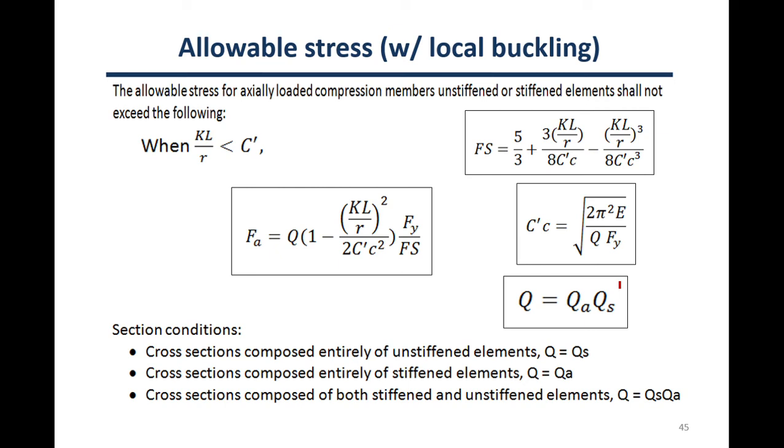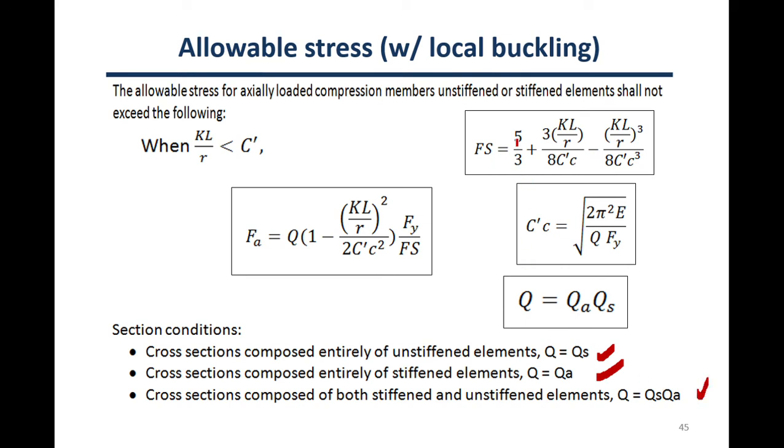So, we have here, solving for the KL over Cc. So, we have the cross-section composed entirely of unstiffened elements, Q is equal to QS. And then, for cross-section composed entirely of stiff elements, Q is equal to QA. Cross-section composed of both stiff and unstiffened elements, Q is equal to QS multiplied by QA.